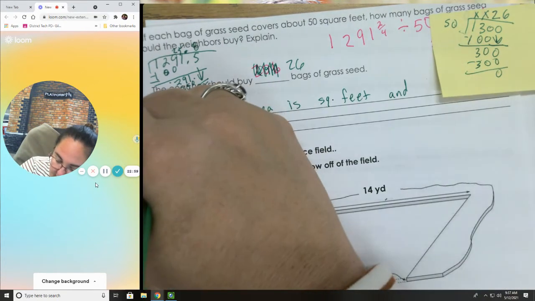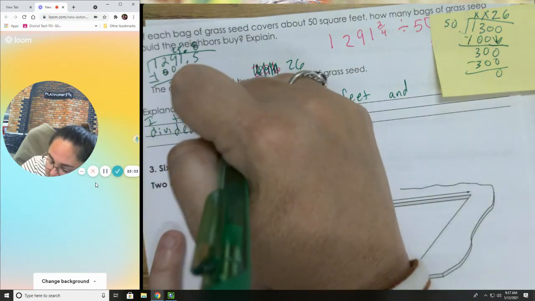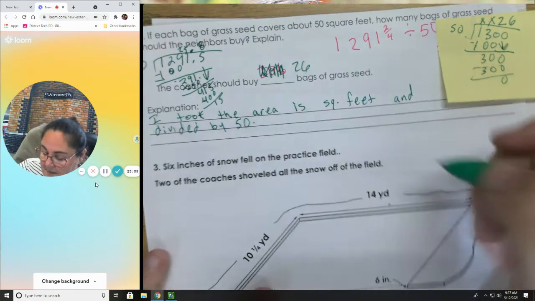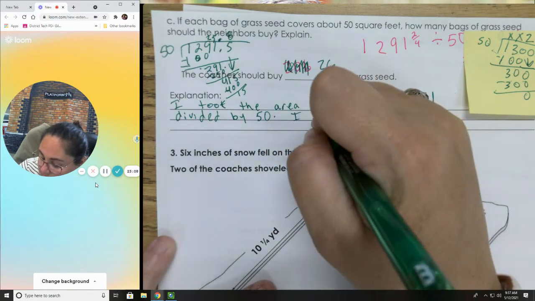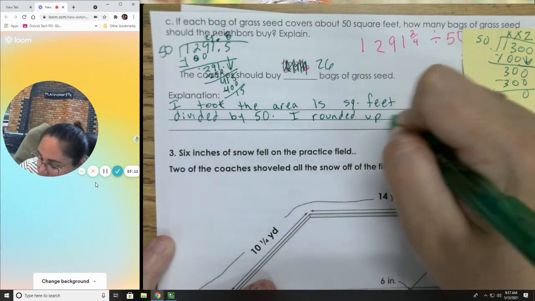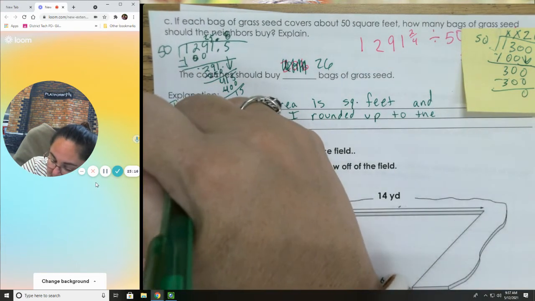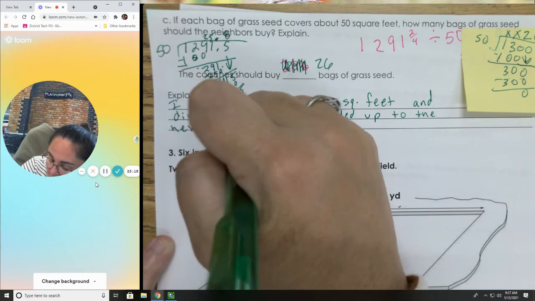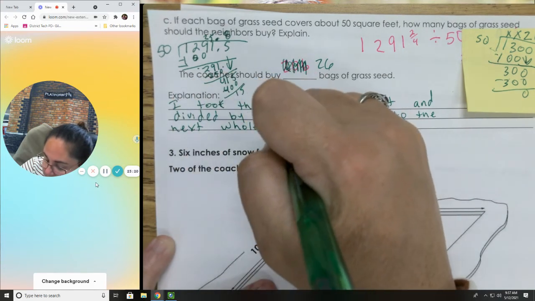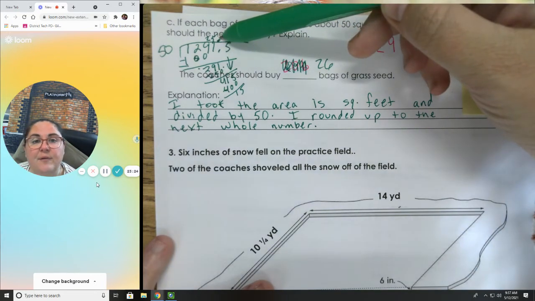And divided by 50. I rounded up to the next whole number. So I went from 25.8 and I rounded up to 26.